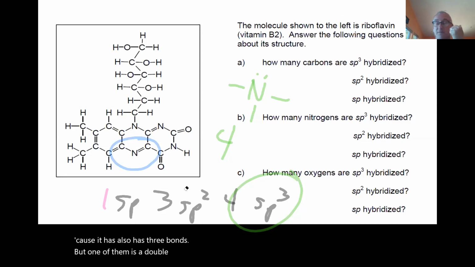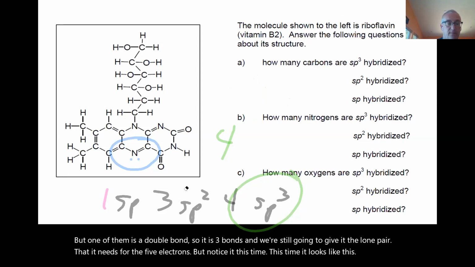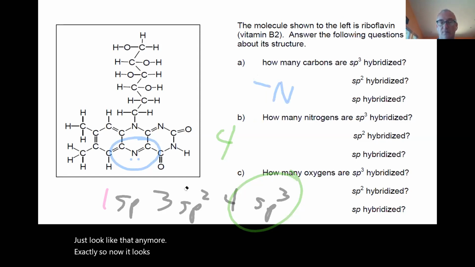So it has 3 bonds, and we're still going to give it the lone pair that it needs for the 5 electrons. But notice this time, it doesn't look like that anymore. 3 regions. Exactly. So now it looks like this.